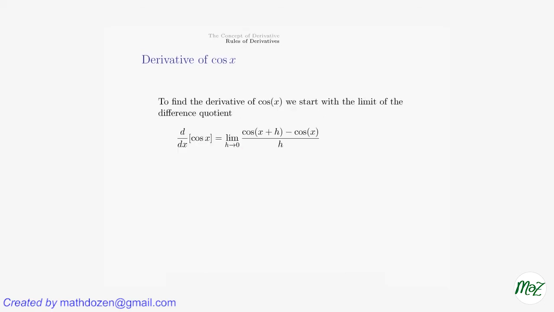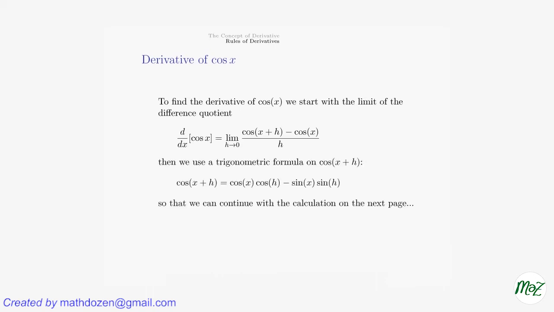Now, to find the derivative of cosine x, we do a similar calculation. We set up the derivative as the difference quotient. That's the limit as h goes to 0 of cosine of x plus h minus cosine x over h. And then we again use a trigonometric formula. Cosine of x plus h is equal to cosine x times cosine h minus sine x times sine h.